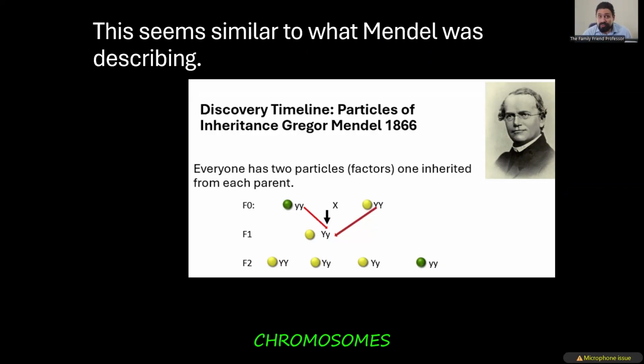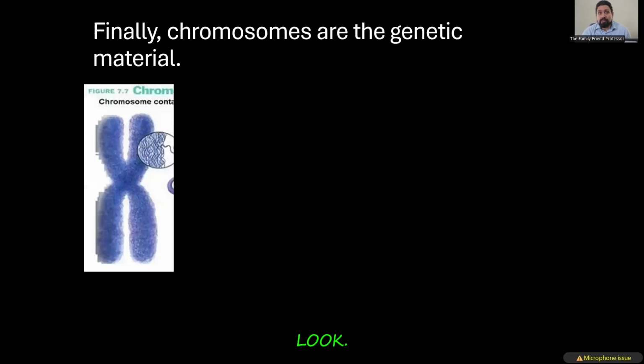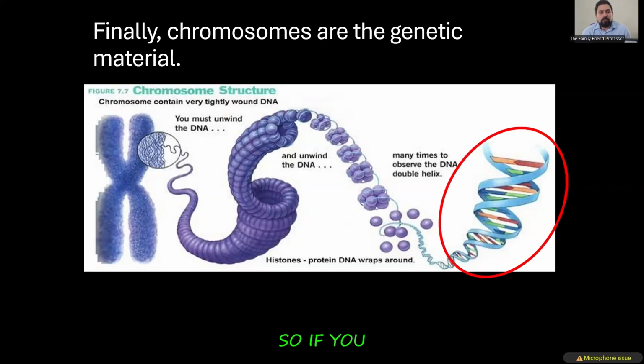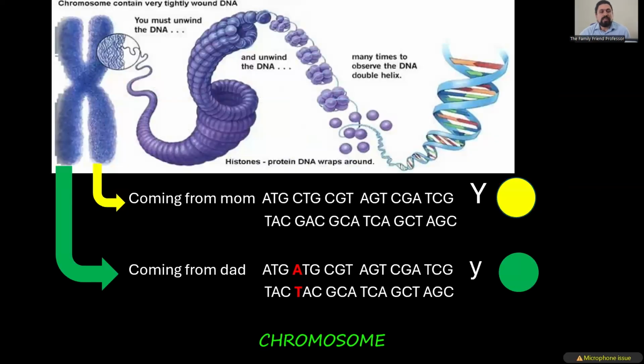So let's look at the chromosomes and how they actually look. If you have a pair of chromosomes, these are the homologous chromosomes. Each chromosome has DNA. If you unpack that, you will find double-stranded DNA. So imagine that this individual is big Y, little y, right?